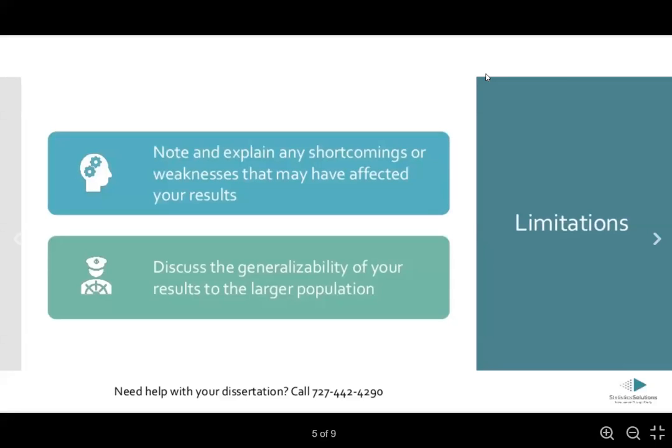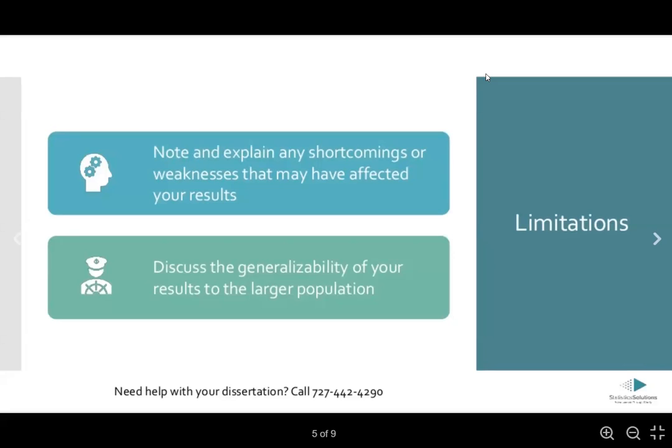But if you are doing a quantitative study, especially if you have used random sampling or a different type of method like convenience sampling, you'll want to talk about that here and discuss how your sampling method related to the potential generalizability. A random sample is typically the best that you can use in order to really get that representative sample.